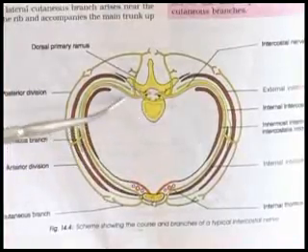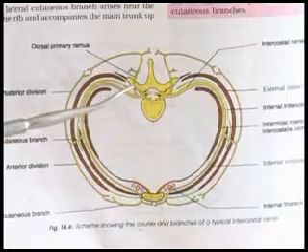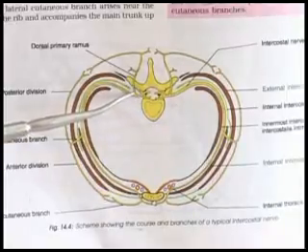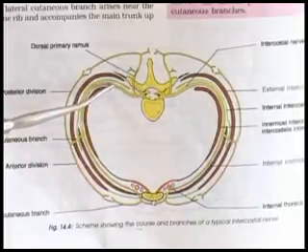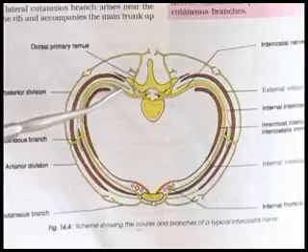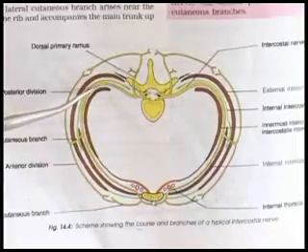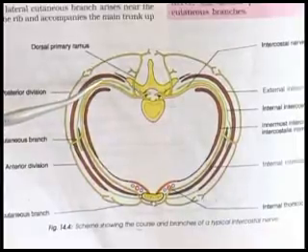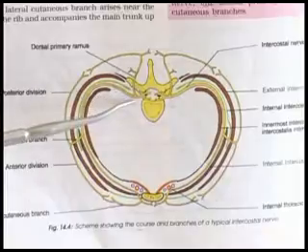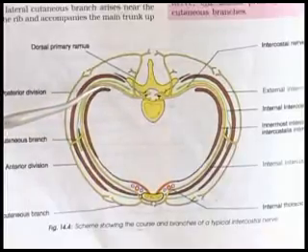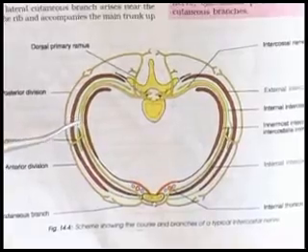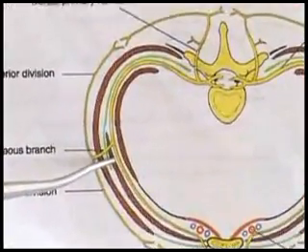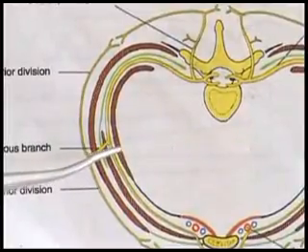The course of the intercostal nerve. The typical intercostal nerve is the thoracic nerve beyond the origin of the dorsal ramus. It lies between the internal intercostal membrane and parietal pleura. Then it enters the neurovascular plane between the internal intercostal muscle and the beginning of the innermost intercostal muscle.